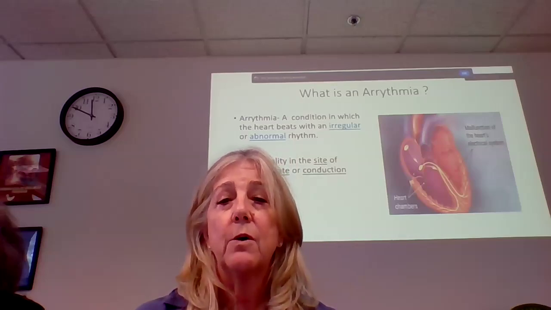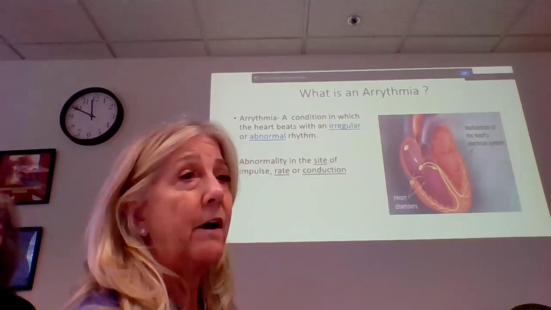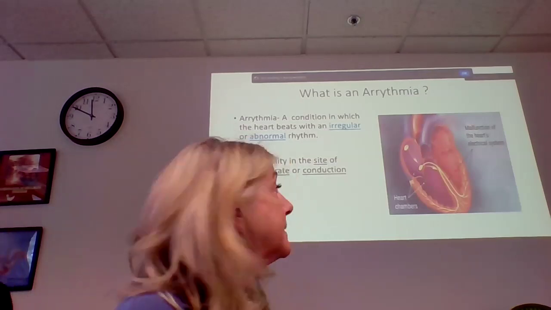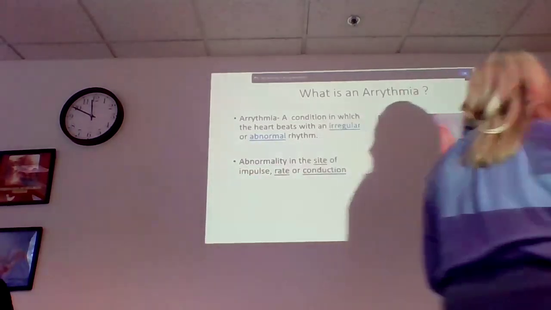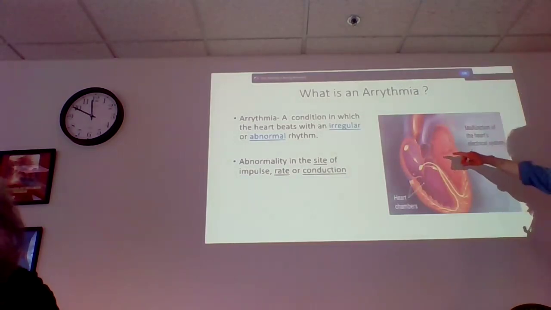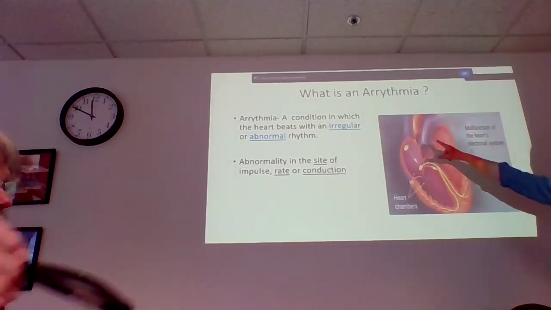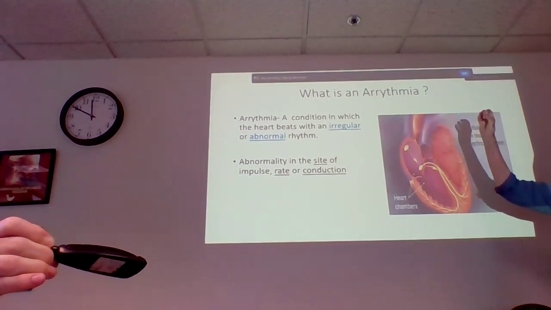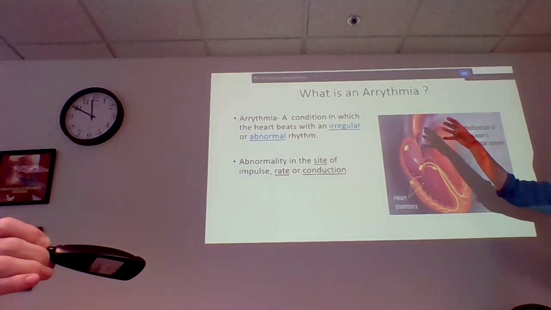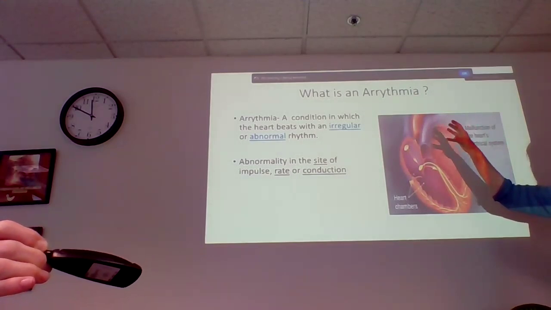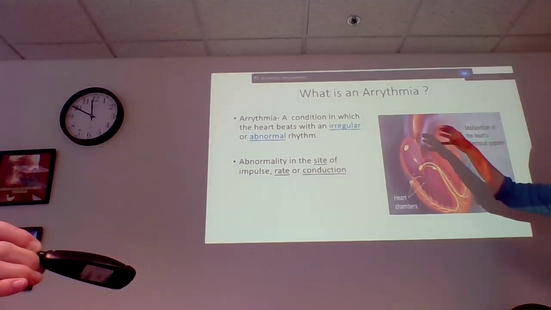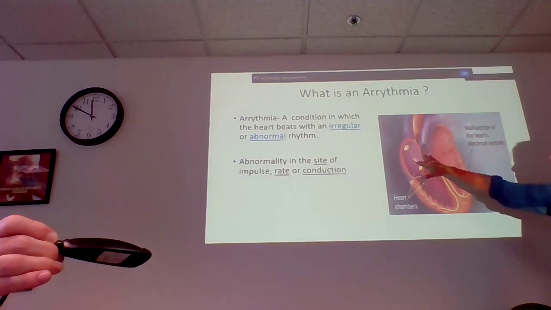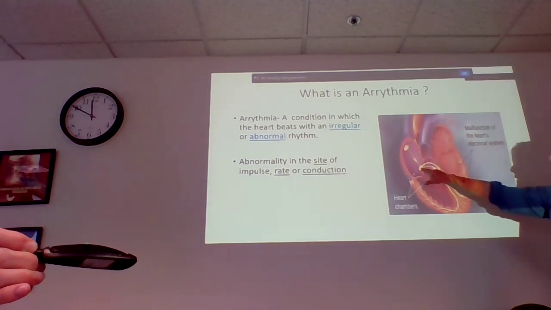three things. So you can see the way that the normal heart rhythm works is, I'm going to stand up here, is the SA node, which is right up there, that's automatic. So the SA node is an automatic part of the heart. If you're not having any kind of heart problem, it sends out an electrical impulse down through the atria, through the top part of the heart to the AV node.